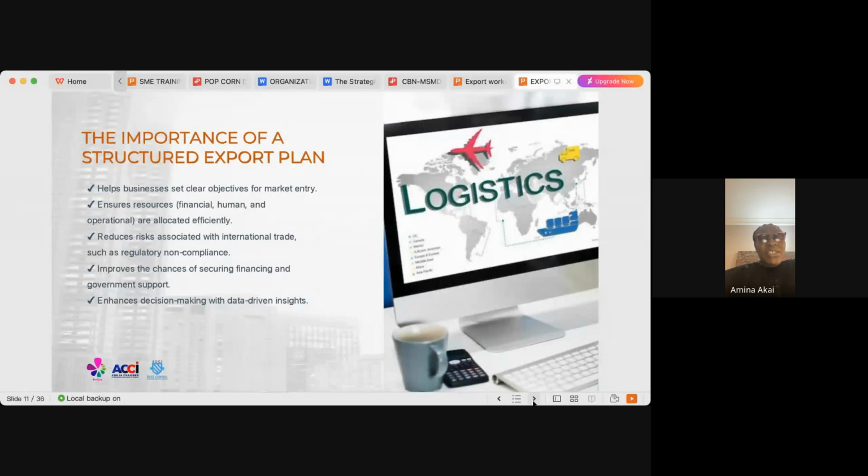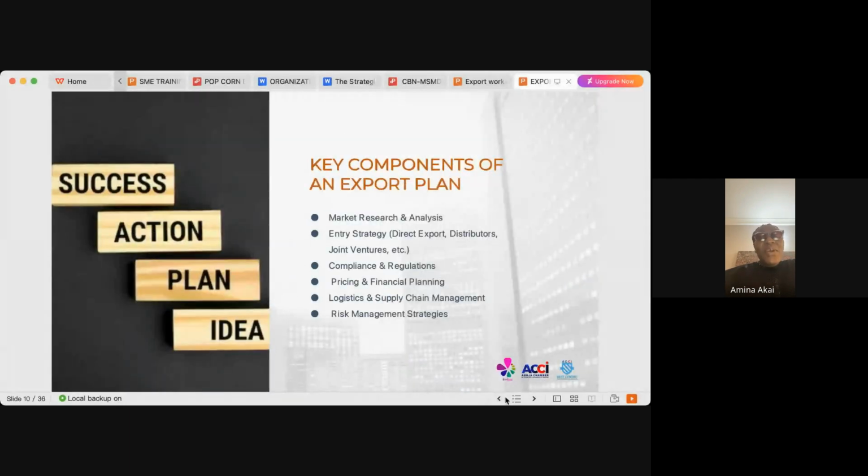Then entry strategy. How do you intend to enter the market? There are different ways of entering markets. Are you going to do direct export? That means you're selling your product online, say. You've advertised online, you've gotten people who want to buy your product, or someone bought your product here and took it to one of the countries and someone sees it and wants it, and then you send to them.